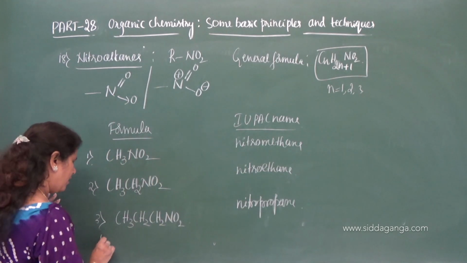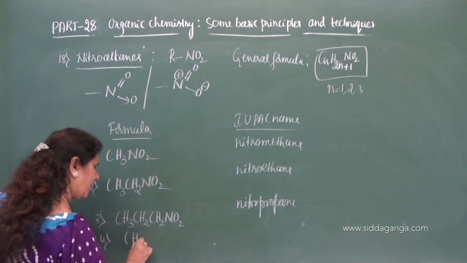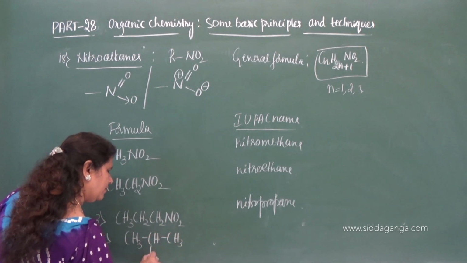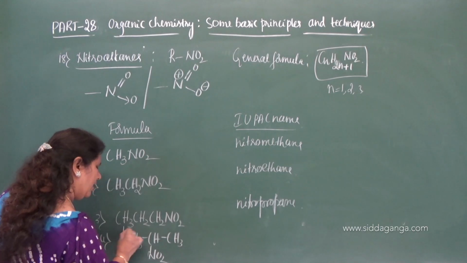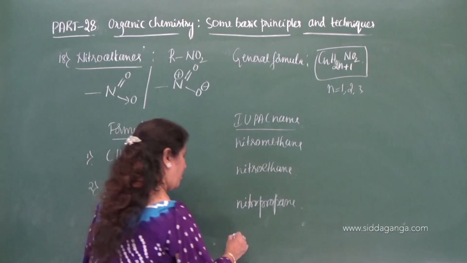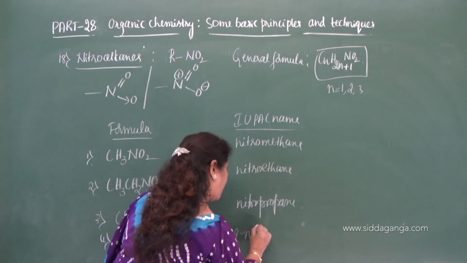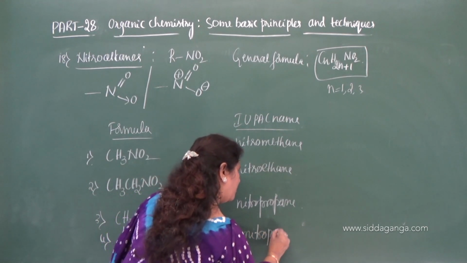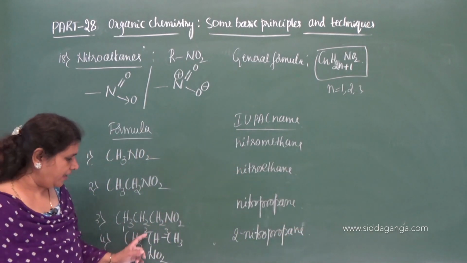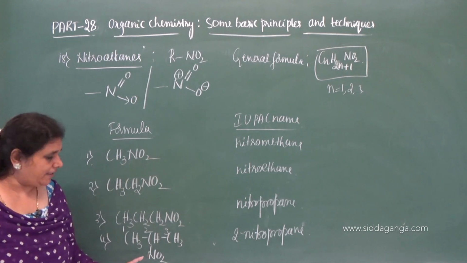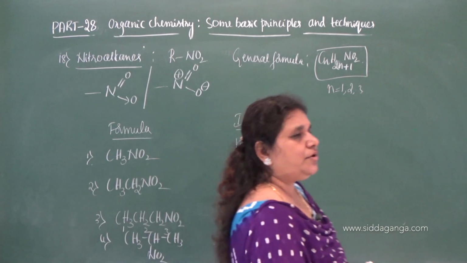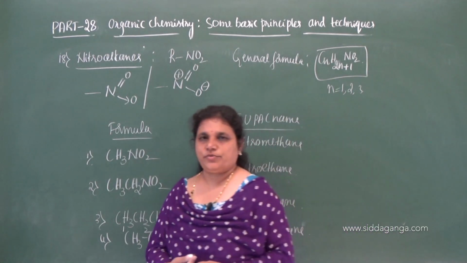If the compound is like this, CH3, then how to name? Consider the longest chain and 2-nitropropane. 2-nitropropane is the IUPAC name, because on the second carbon atom of the selected carbon chain we have the nitro group, therefore the name is 2-nitropropane.